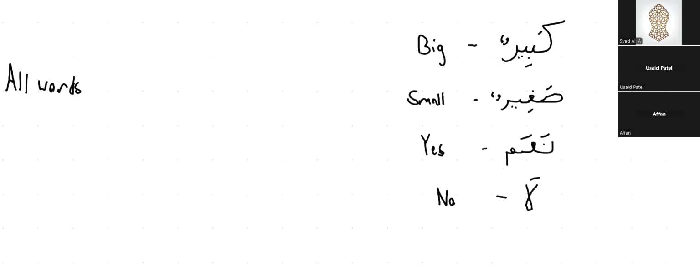Now, two more things. Some other words we covered yesterday in our other lesson. We briefly mentioned ana and anta. The word ana means me or I, and the word anta refers to you.